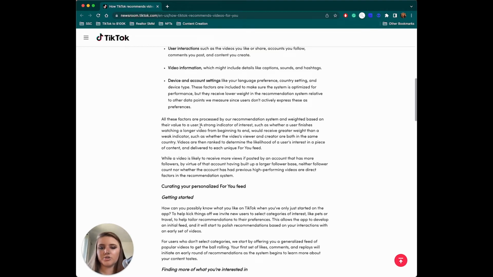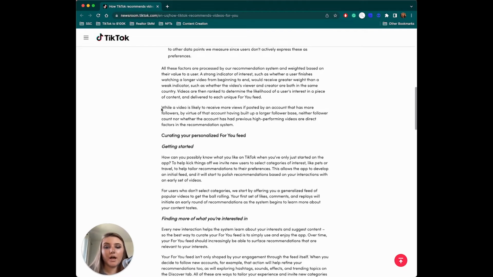For example, a strong indicator of interest, like whether a user finishes watching a longer video from beginning to end, would receive greater weight than a weak indicator, such as the video's viewer and creator both being in the same country. It's definitely true that a video is likely to receive more views if it's posted by an account that has more followers.